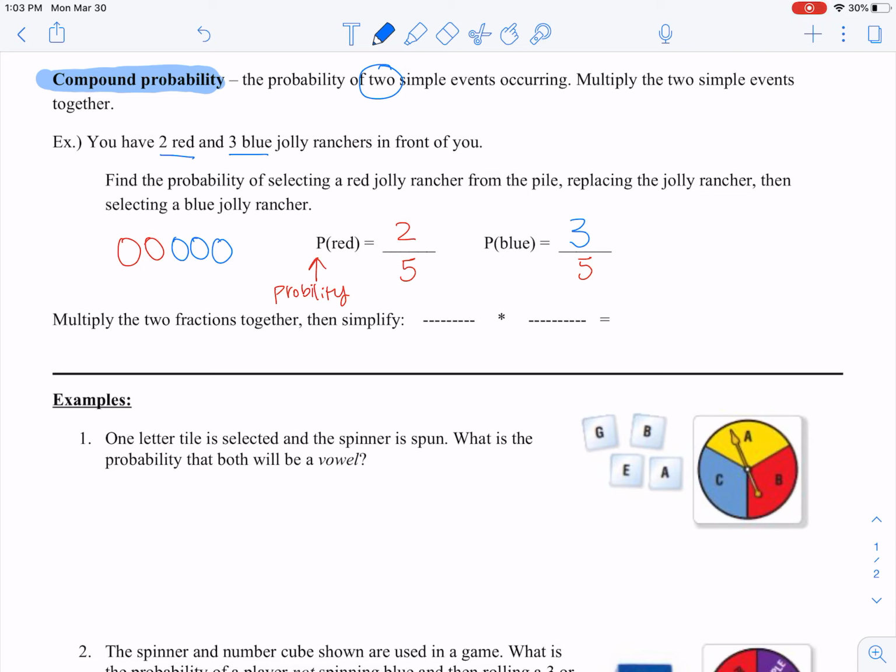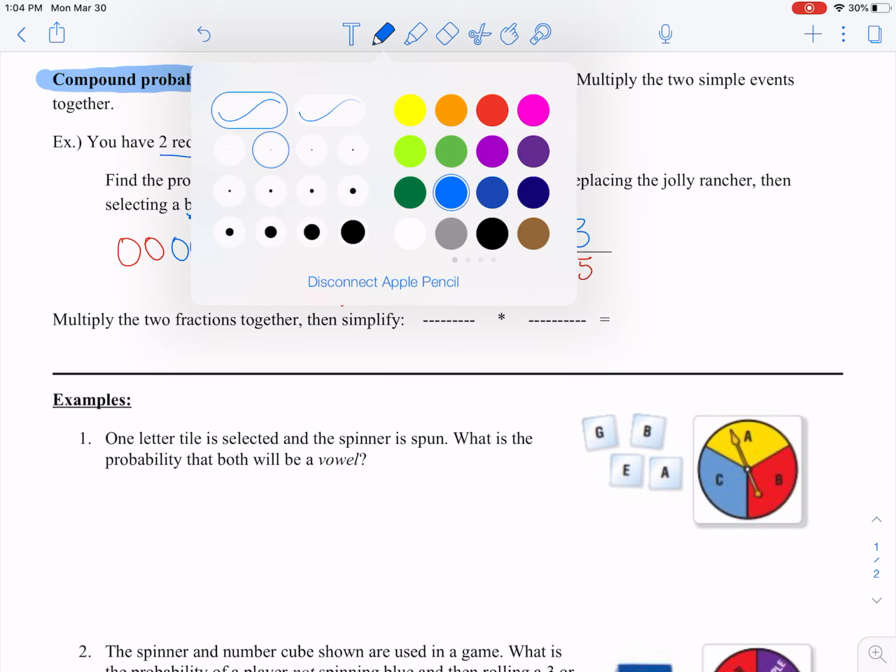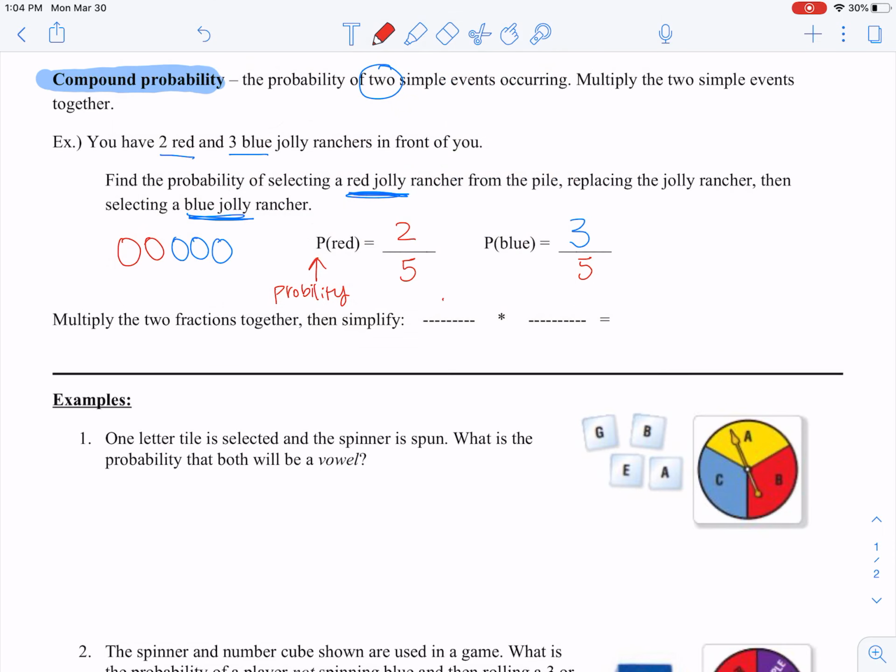But now, the question was, what is the probability of selecting a red Jolly Rancher, then selecting a blue Jolly Rancher? So in order to find that out, we have to multiply the two fractions together and then simplify. So I'm going to write the two fractions, 2 over 5 times 3 over 5, and we know we can multiply the fractions by multiplying numerator by numerator.